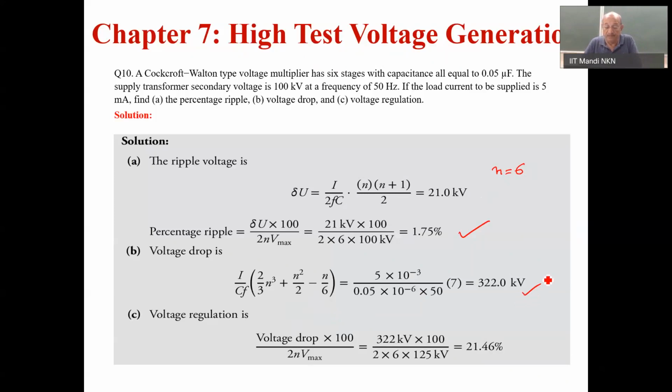Imagine, 322 kV because of the very high current being drawn, that is 5 milliamperes. I is 5 milliamperes of current. So it's a very large current actually for a DC generator. So 322 kV will be the voltage drop, and the voltage regulation is, you check this value.